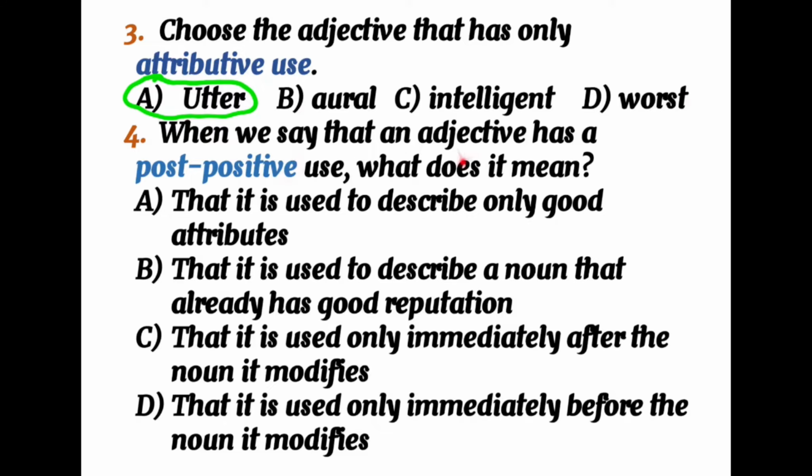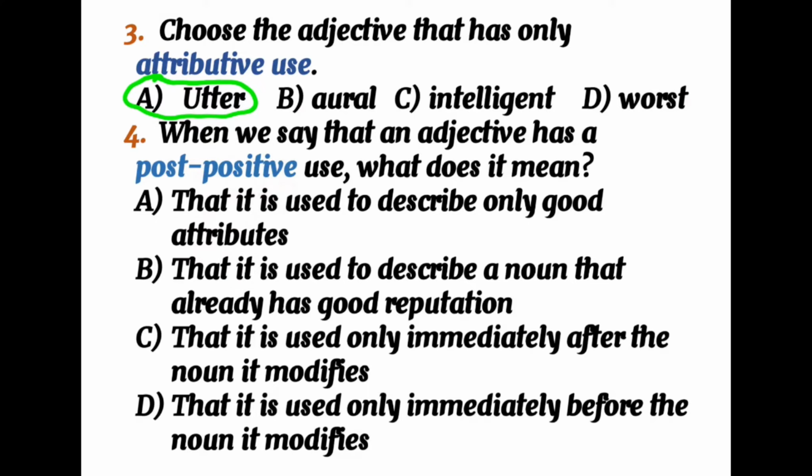When we say that an adjective has a post-positive use, right? Post-positive, again, is a term for the use or position of the adjective. What does it mean, post-positive adjective? That it is used to describe only good attributes, as is evident from the word positive?